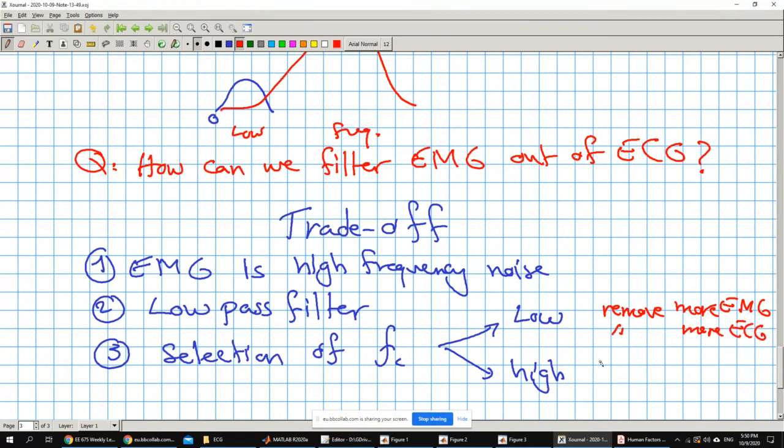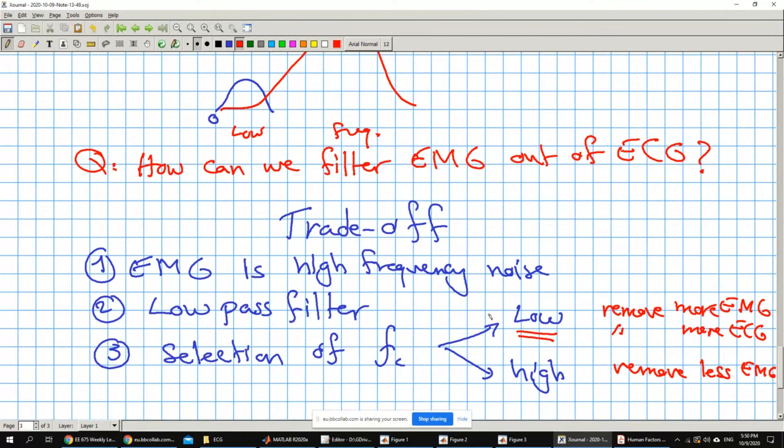If you have it high, you remove less EMG, which basically makes the filter useless. So here, you need to have it low enough to remove most of the EMG signal without affecting the ECG signal.